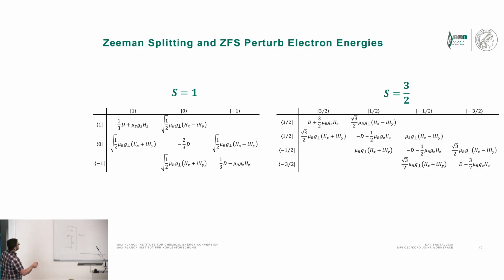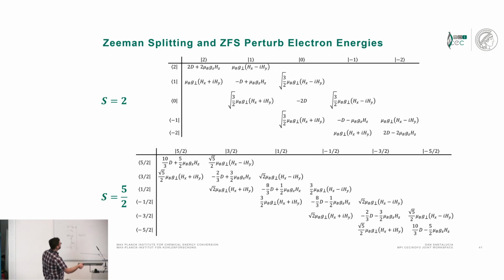And then we have these off-diagonal elements, and these come into play when you apply the field in the X or Y direction, for example. I can do that for S equals 1, S equals 3/2, all the way up to S equals 5/2, and you'll see it gets complicated quickly. But what we fundamentally do when we fit an experimental spectrum is diagonalize these matrices and solve the system for its particular eigenvalues.